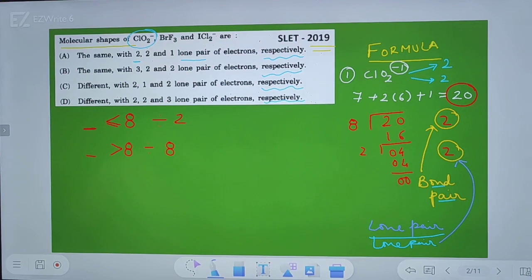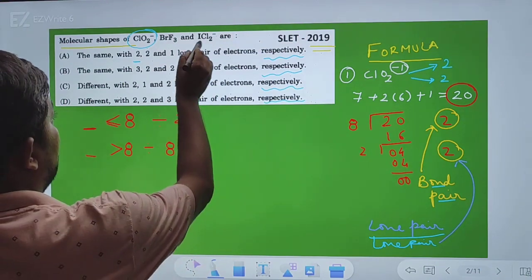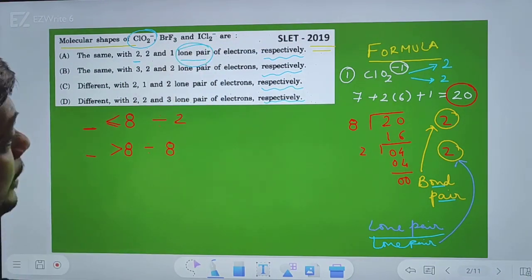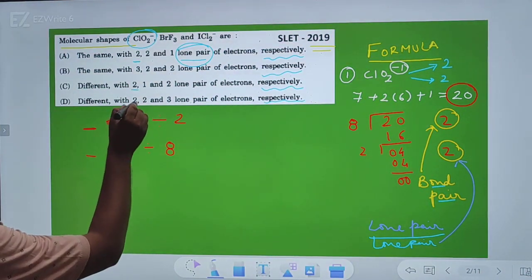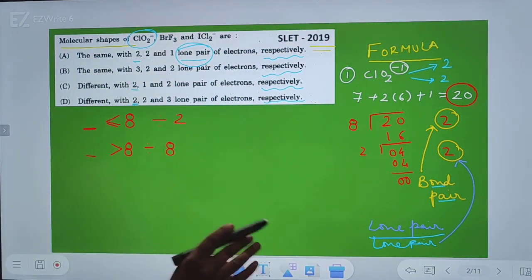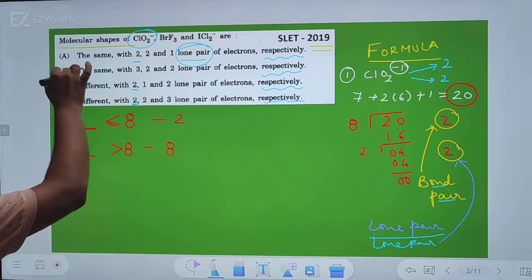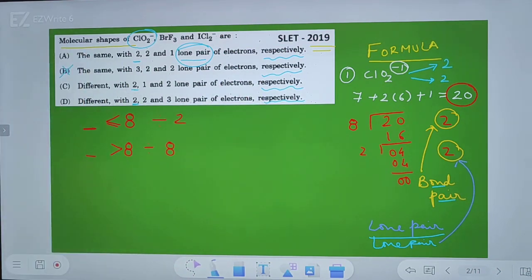Coming to the lone pair first, we can very well see that there are two lone pairs. So this example is done on its own, and there is no need to think much about it.